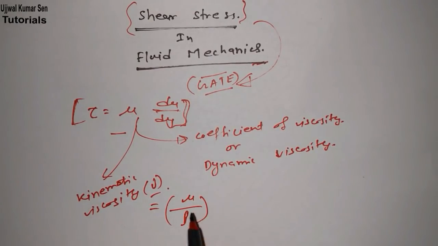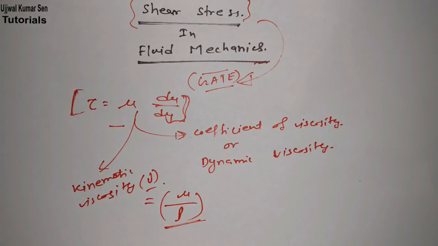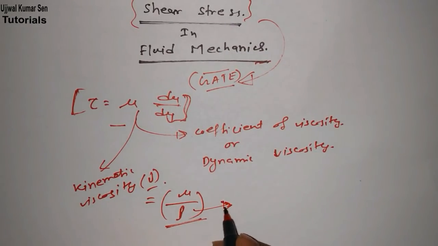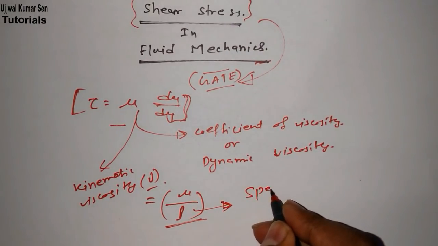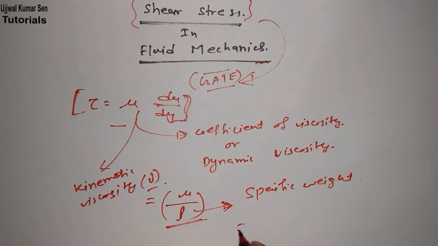So if the numerical problem they asked in GATE previous year, they have related this thing with this, and they again relate with density, that is with specific weight, or weight density.